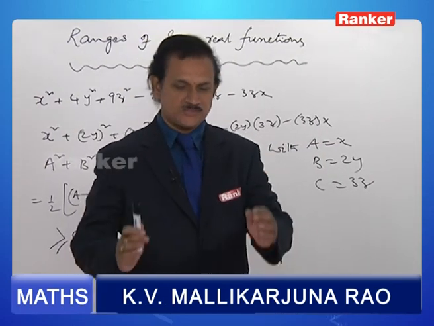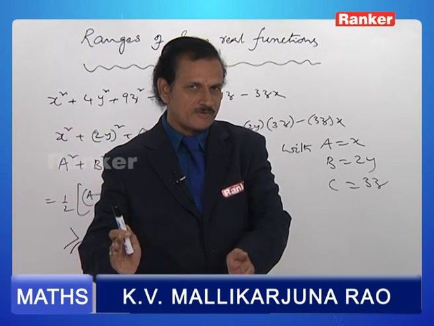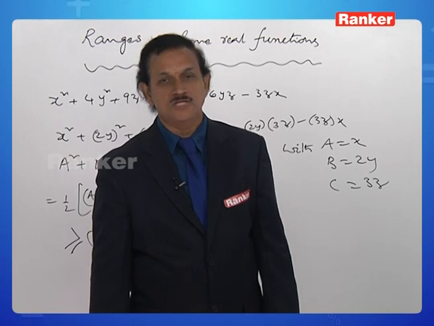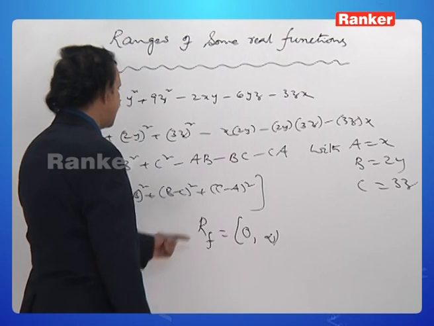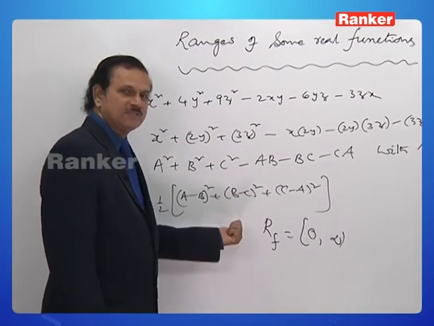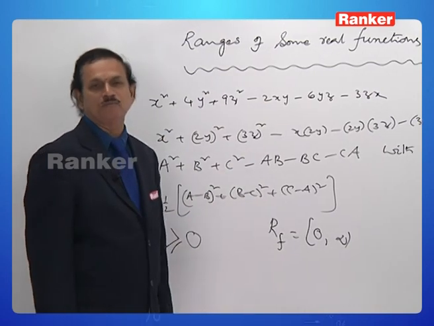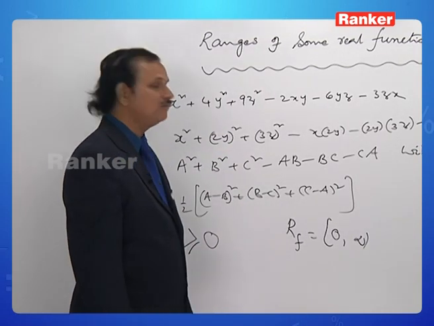It always lies in the closed interval 0 to infinity, because we are allowing 0 also. Yes, this is the necessary observation. This is the necessary concept that you must keep in mind while making an attack on this problem and problems of this kind. A beautiful model.